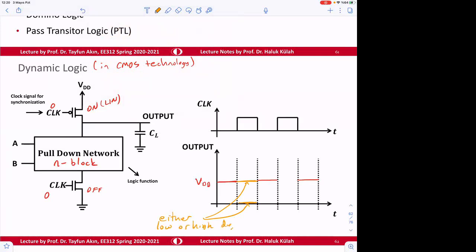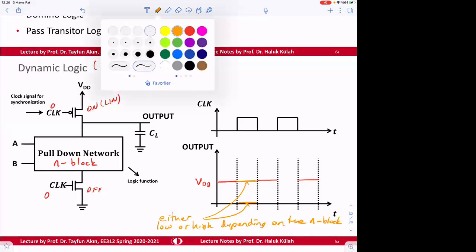Depending on the N block, the output is going to be switching.